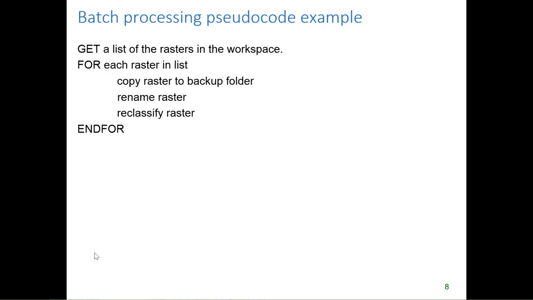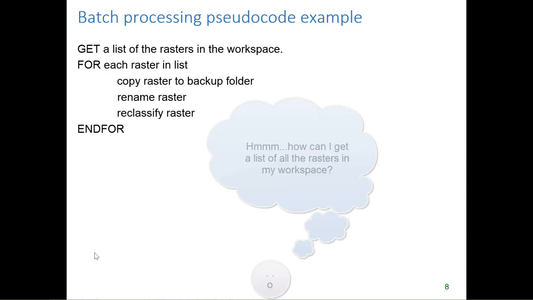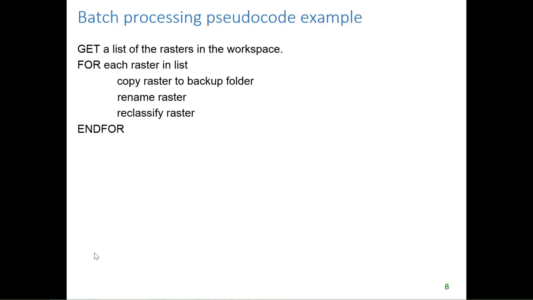Suppose you want to rename and reclassify each raster in a workspace, but you want to make a backup before doing so. If you could somehow get a list of all the raster files in the workspace, then you could just repeat the same three sequential steps for each one of them. Copy, rename, reclassify. Copy, rename, reclassify.